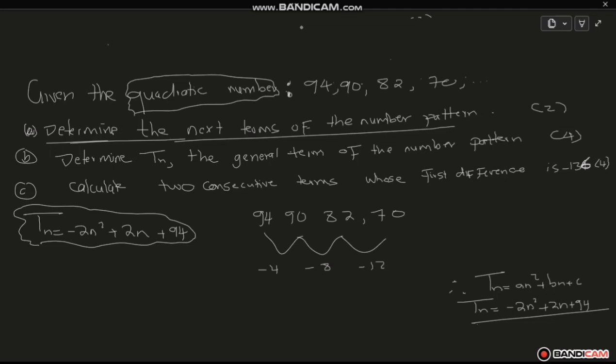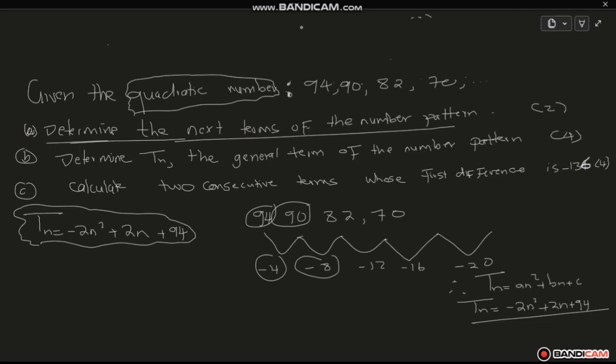Therefore, for us to find the second term, we said 94 minus 4 to get 90. Then 90 minus 8 we got 82. Therefore, 82 minus 12 we got 70. Then there is going to be negative 16 and negative 20, as you can see the trend.